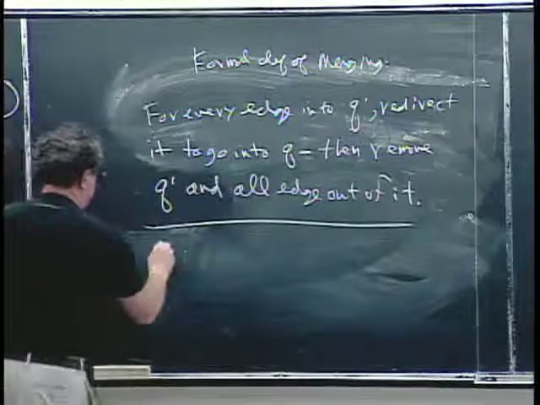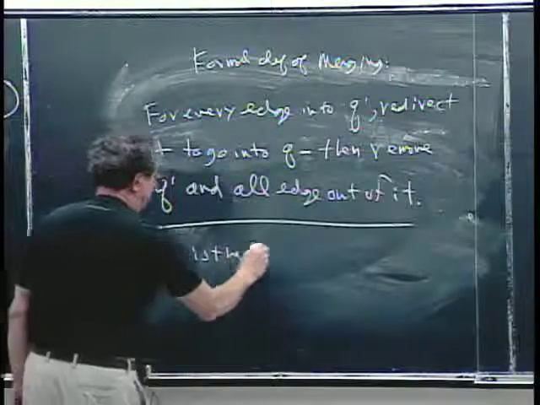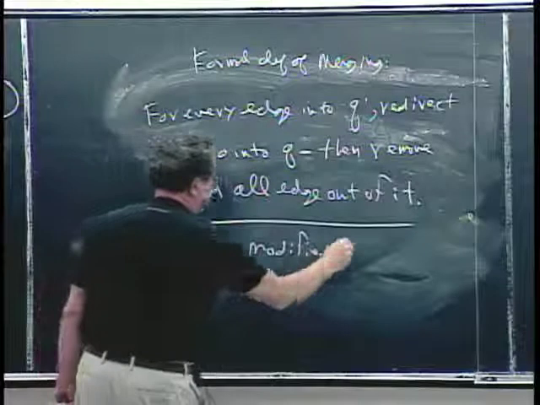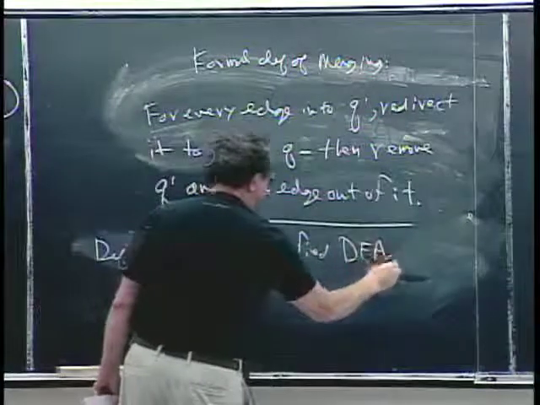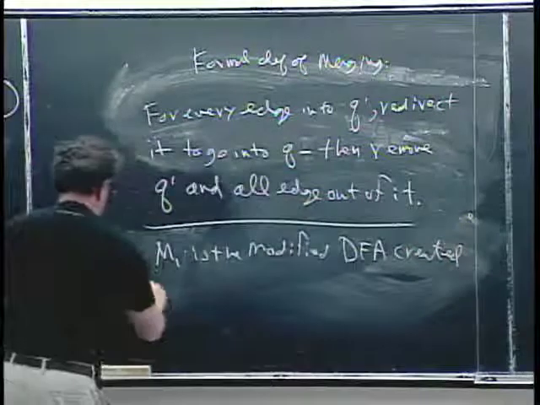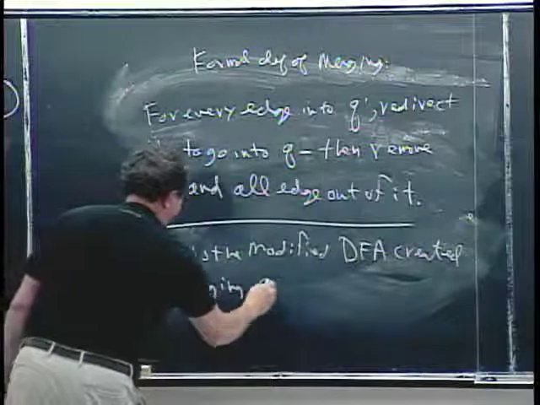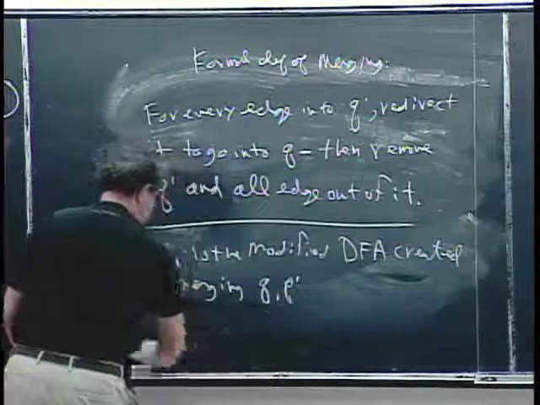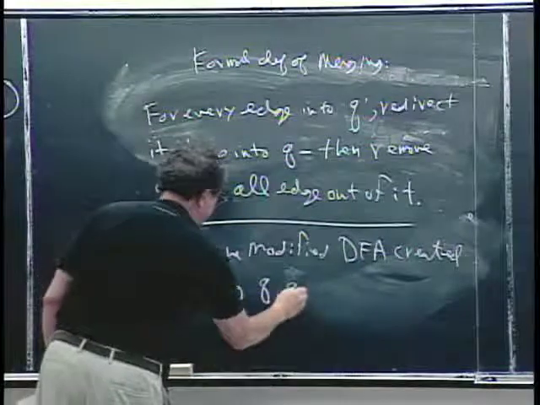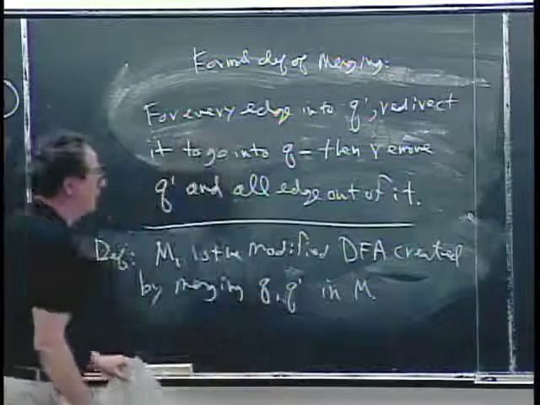Definition: M1 is the modified DFA created by merging Q and Q prime in the DFA M. All right?